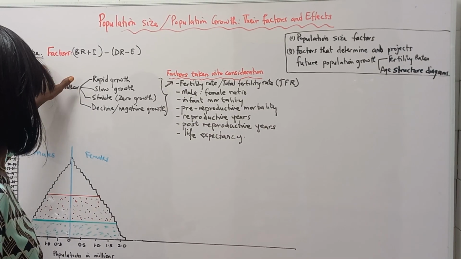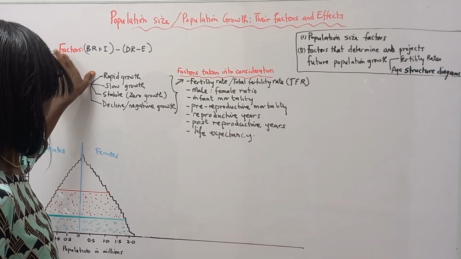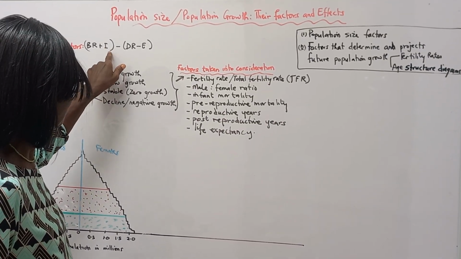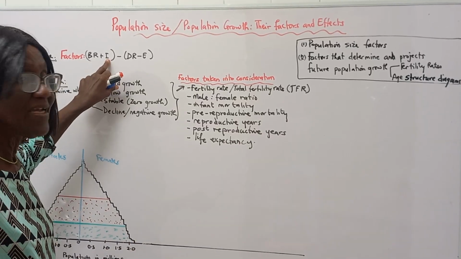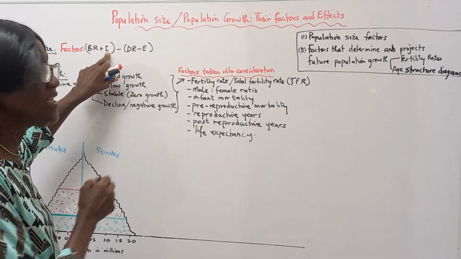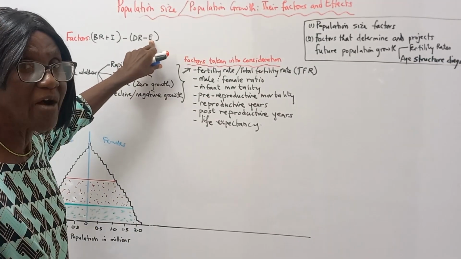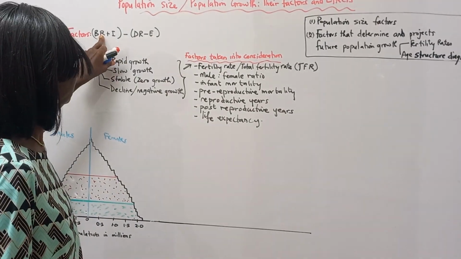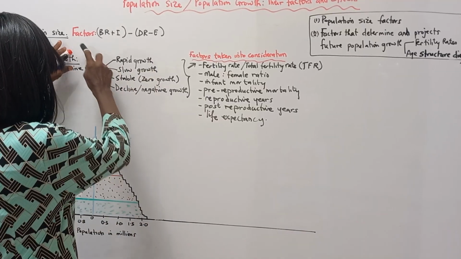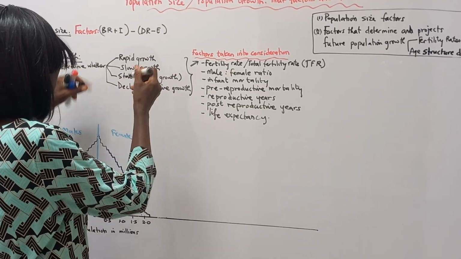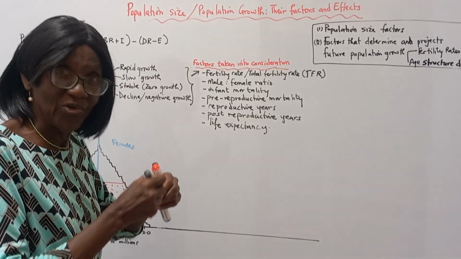Now, let's come to population size. Immigration is individuals moving into the population. Emigration is individuals going out of the population. Birth rate is here, death rate is here. Population size can be used to determine growth, isn't it?